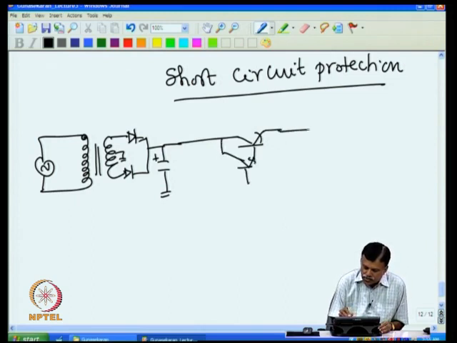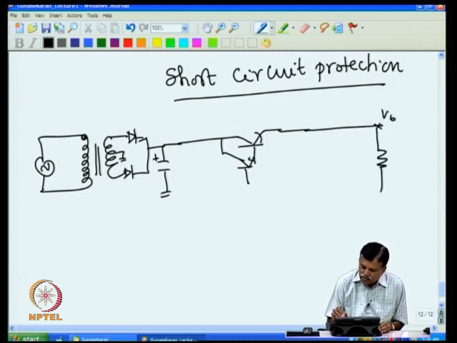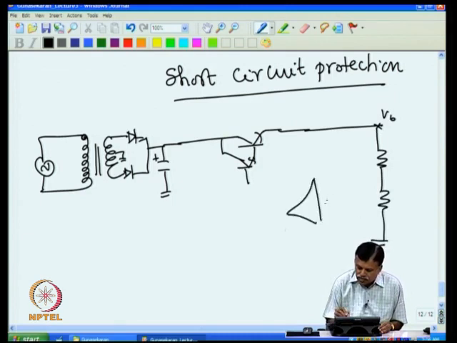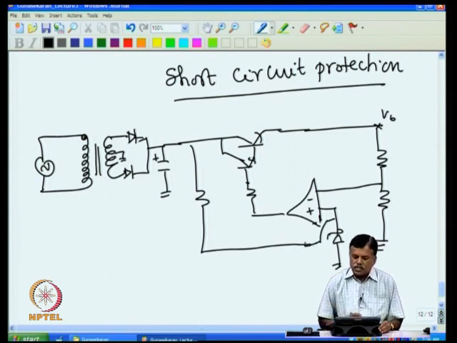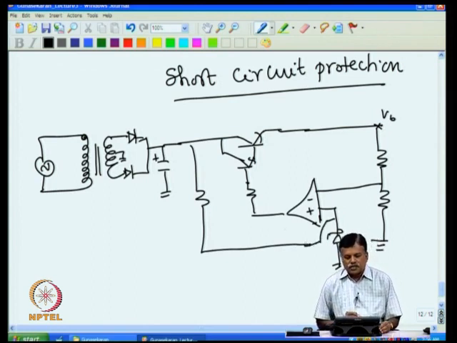Then the output voltage is fed back to the operational amplifier. The op-amp drives the transistor, and this point is given as feedback. This is the regulator circuit that we have seen so far.